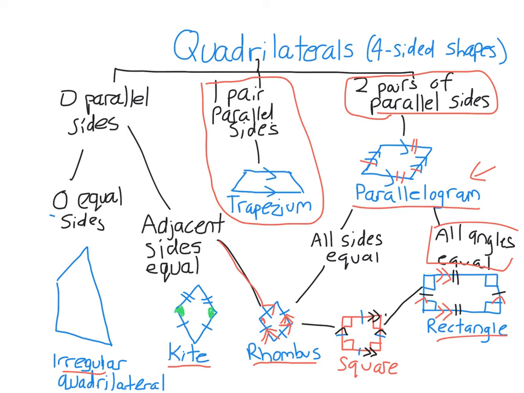And because of that, a square is also a type of parallelogram. But a square has to have all sides equal and all angles equal. Okay, I know this is complicated. There's also some more notes that you can read on the sheet, so please look through that and make sure you understand these definitions. We're now going to go through finding some angles in quadrilaterals.